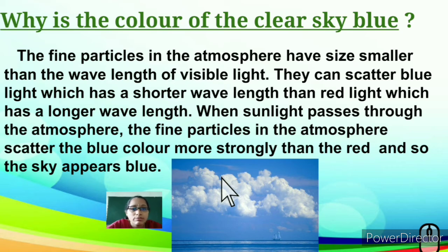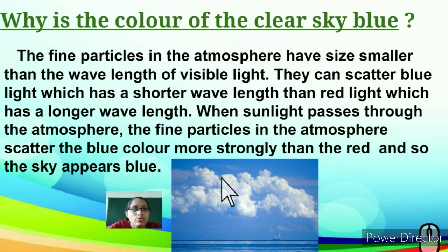Due to the refraction process, we have seen that white light gets scattered, and the most bent light is violet, and the least bent is red. So blue, with a shorter wavelength than red light, which has a longer wavelength, is scattered more strongly than the red color. Hence the sky appears blue.